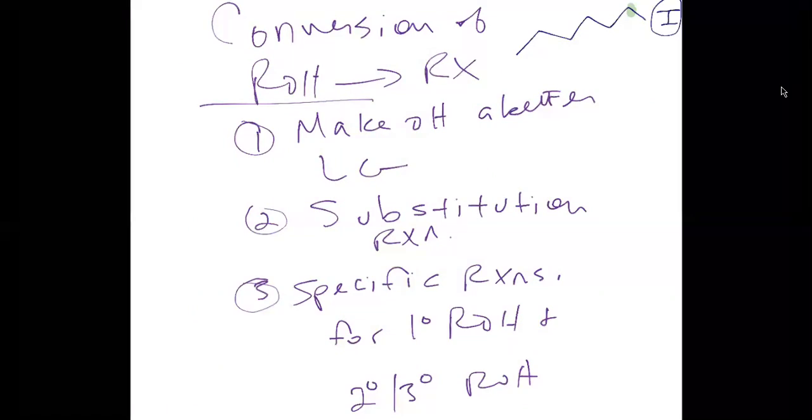And we said that in order to use the alcohol, you've got to make OH a better leaving group. That's the first consideration. And then most of those are substitutions where you swap out OH for another halogen. And then you have certain tools in the toolbox, right? If you've got a primary alcohol, you're not going to use HX. You'll use a different method.